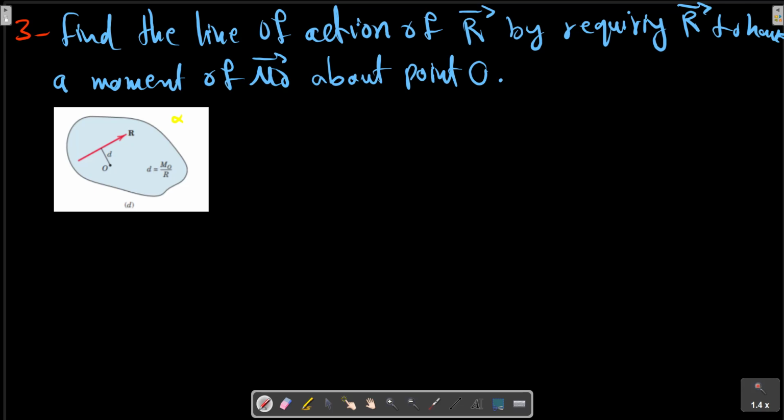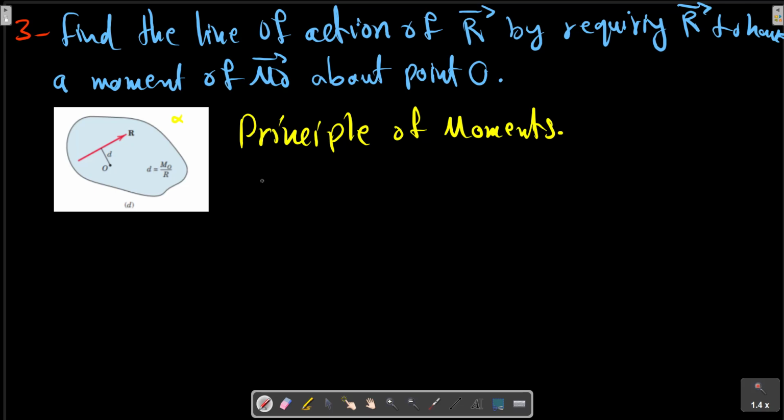Principle of moments is the next section. As we said before, these three processes of the algebraic method are summarized in this equation.